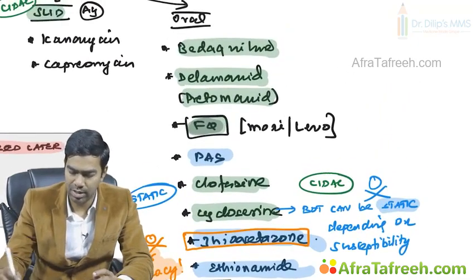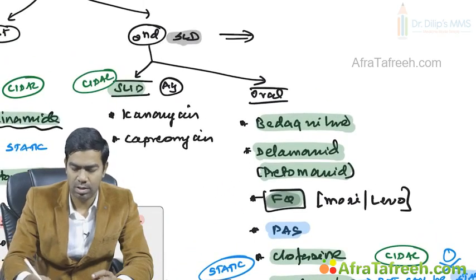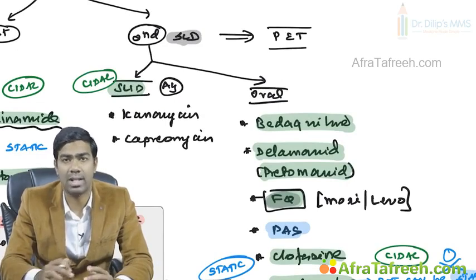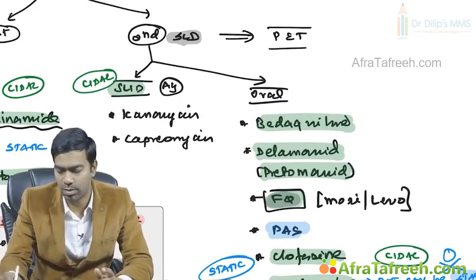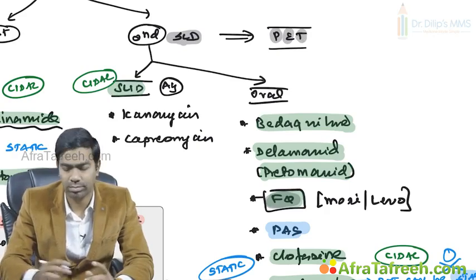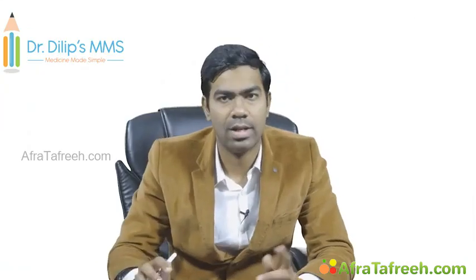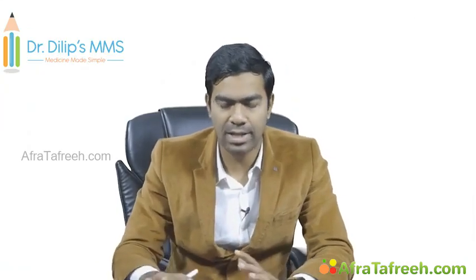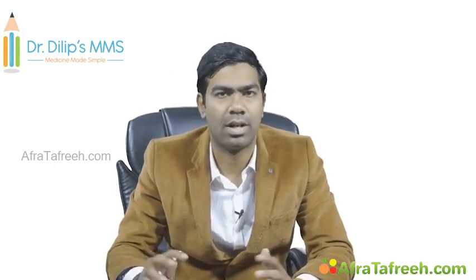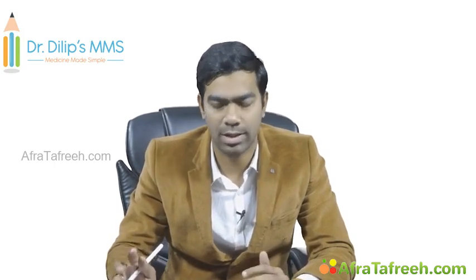Among the second line drugs, remember this PET group of drugs: PETs are static. P stands for PAS, E stands for ethionamide, and T stands for thioacetazone. Clear? So these are the bacteriostatic drugs. So these are some of the basic things and basic understandings about the drugs that are used in antitubercular therapy.